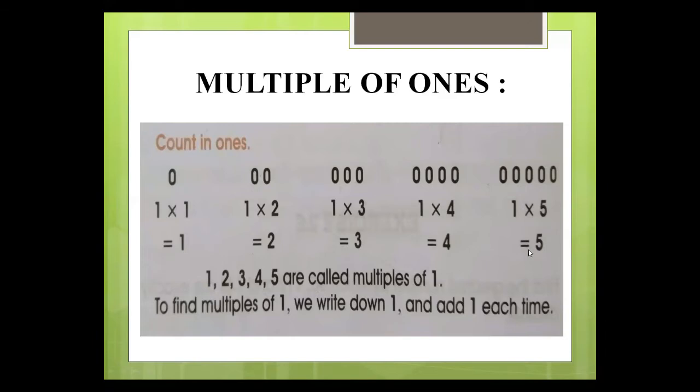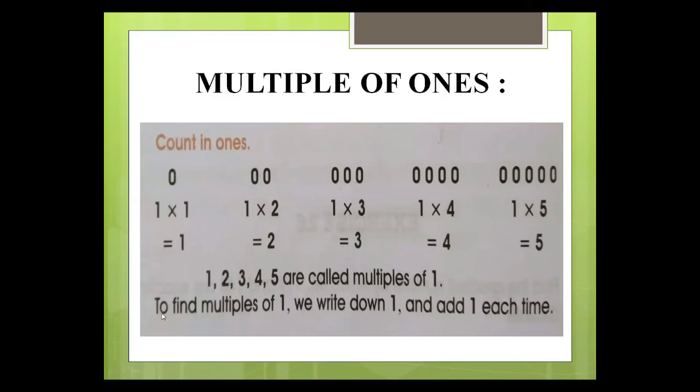Here you see the numbers 1, 2, 3, 4, 5. All these numbers are the multiples of 1 because we multiply all these numbers with 1. That's why we say that the numbers 1, 2, 3, 4, and 5 are the multiples of 1.